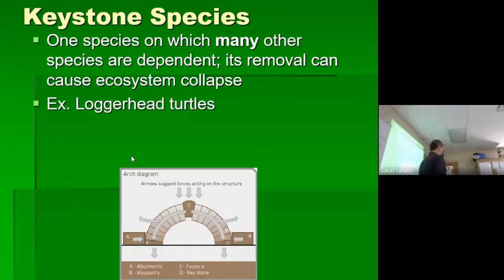Loggerhead turtles are a good example, because we usually don't find out about these until they go away, and we've noticed that, hey, the ecosystem's not doing so well. Sea turtles, as you probably know, have an easily disrupted hatching pattern where they lay their eggs like 100 yards inland and they bury them in the sand.